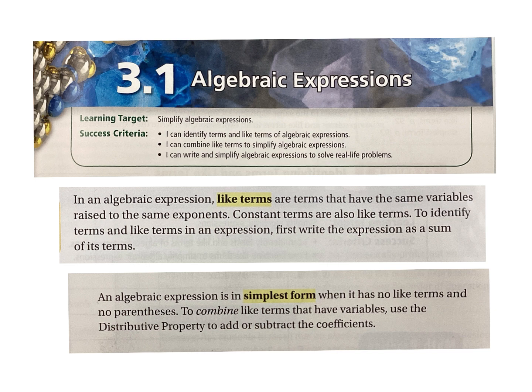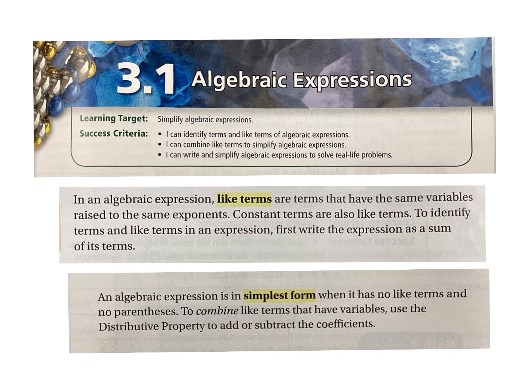Once you put a variable in there, now you have an algebraic expression, okay? And when you get an algebraic expression, you always want it in the simplest form, when it has no like terms and no parentheses. To combine the like terms that have variables, use the distributive property to add or subtract the coefficients. Okay, we'll get into that in just a second.